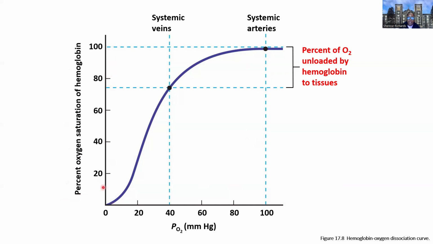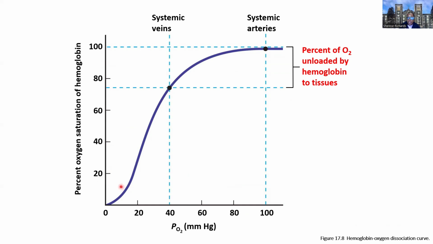You can think about this as the number of oxygen molecules that are bound to hemoglobin, and we can think about this in fourths. So 25% is 1, 50% would be 2, 75% would be 3, which we know is our state in the systemic veins, and then 100% would be all 4 hemoglobin sites having oxygen bound.